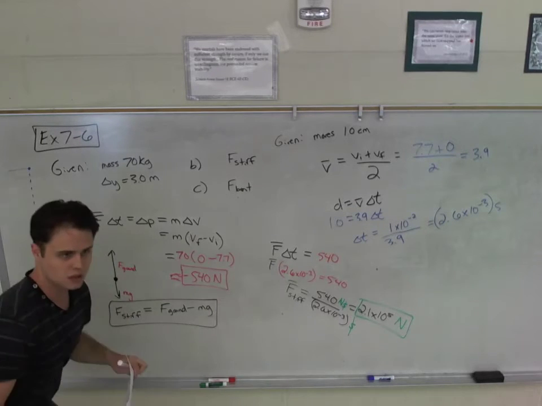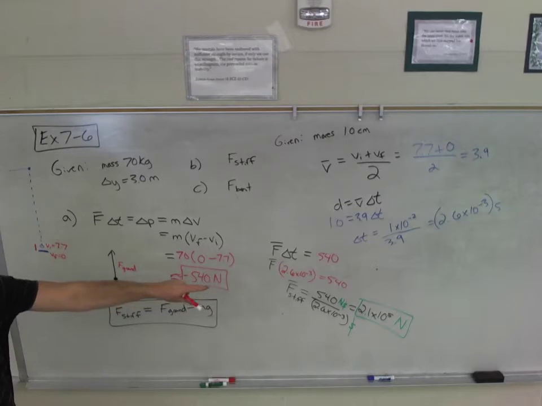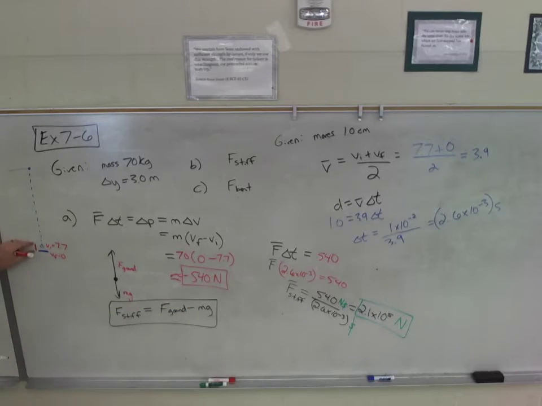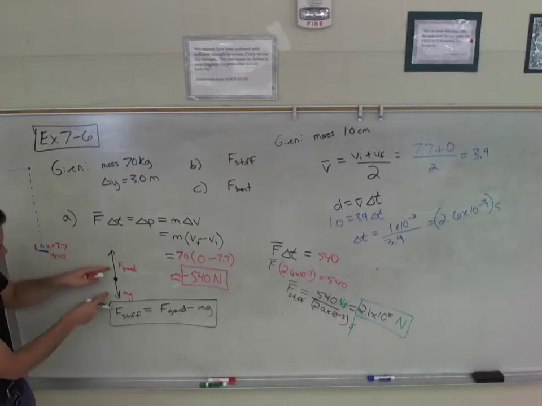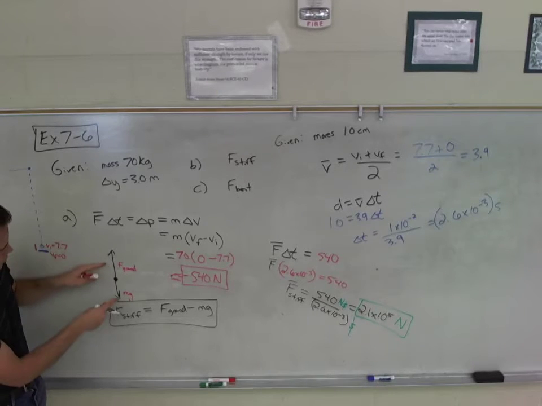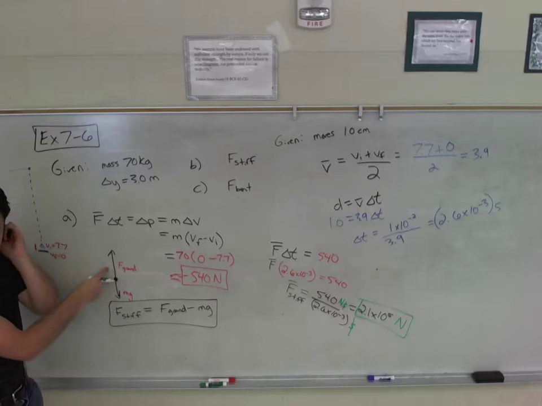Does that make sense? Like the force that we get in this impact because of the impulse, we calculated it. That's the force due to this impulse from that collision. Okay? So it's got to be equal to, you've got to think about the free body diagram. So you've got the force of gravity and the force the ground is pushing up on you.